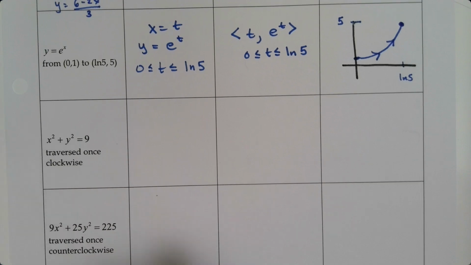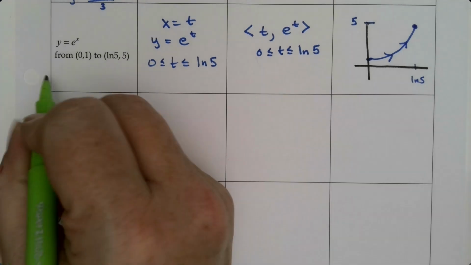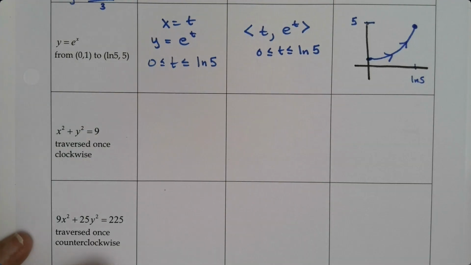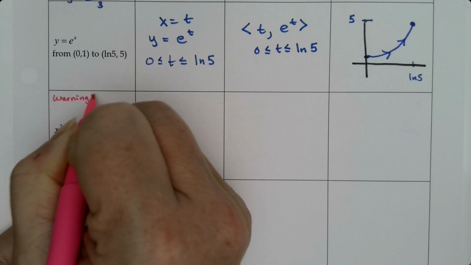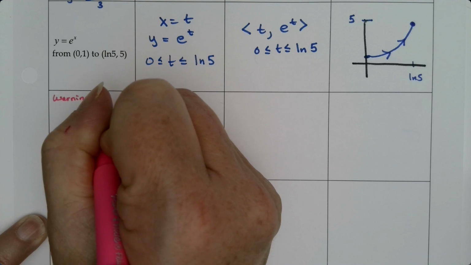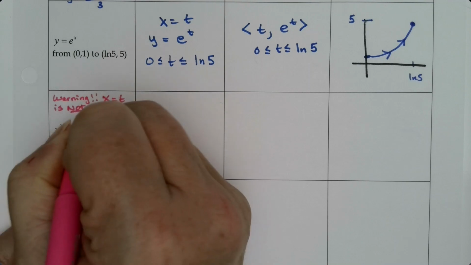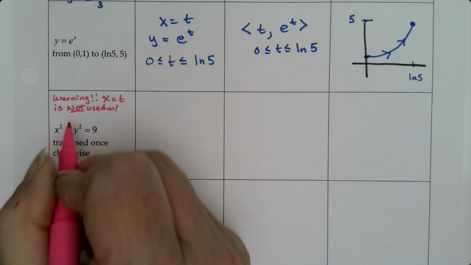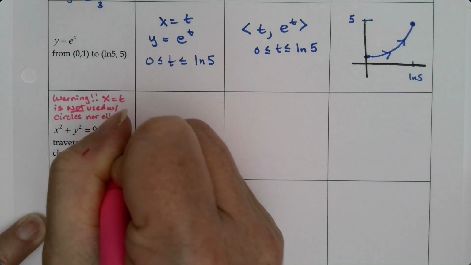All right, now, what about this? Okay, so this is an exception to our x equals t rule. We don't usually use x equals t for certain types of functions, two particular functions. So I'm going to write this in pink just to kind of warn us. x equals t is not used with circles, nor ellipses.